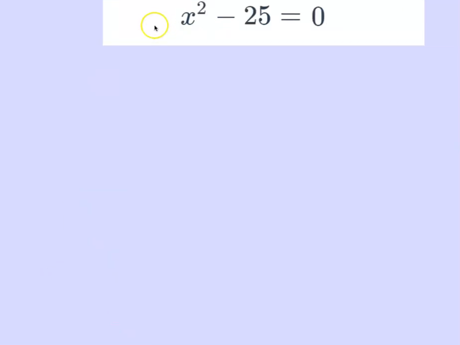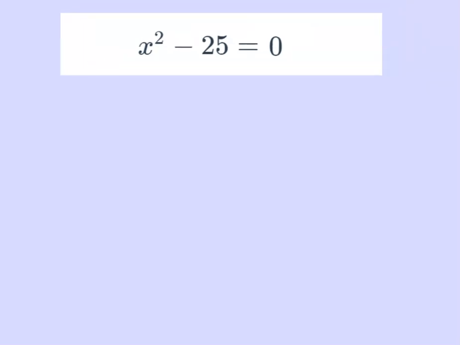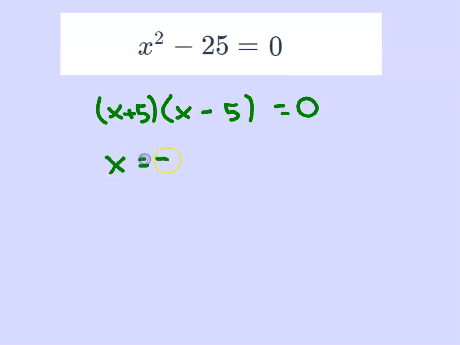Here we've got one that's already a difference of squares. So I'm just going to use the fact that I know how to factor this quickly. You get x's here because that's the square root of this. You get 5 here because that's the square root of that. One of them's positive, one of them's negative, and so now I've got it factored. And x could either equal negative 5 or positive 5.